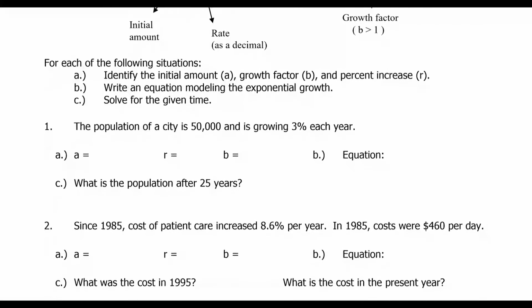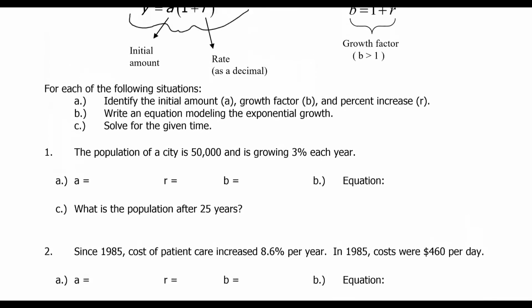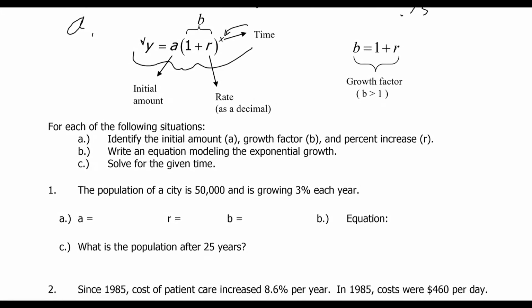To start out with, it says the population of a city is 50,000 and is growing at 3% each year. All right, now, A is going to be 50,000, and then R is going to be 3%, which is 0.03. B is going to be 1 plus 0.03, which equals 1.03.